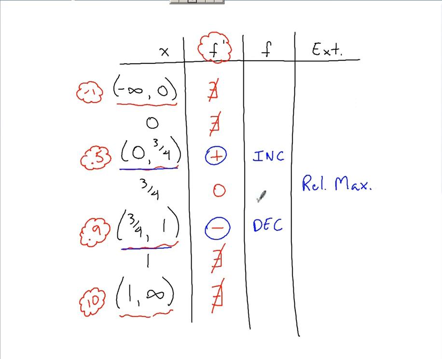If I figure out this piece, all I have to do is take the 3/4, plug back into my function to figure out this value. Now, we've got some extensive calculations going on in a lot of these problems. So if we start coming up with decimal values, that's fine. Here, if I plug in 3/4 back to the original function, rounding off to 3 decimal places, I find the relative maximum value is 0.325.